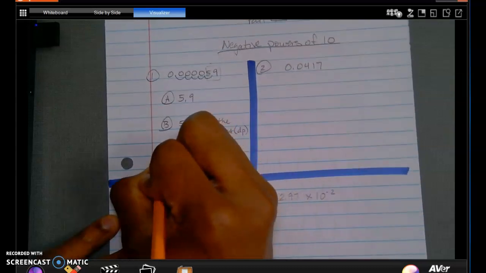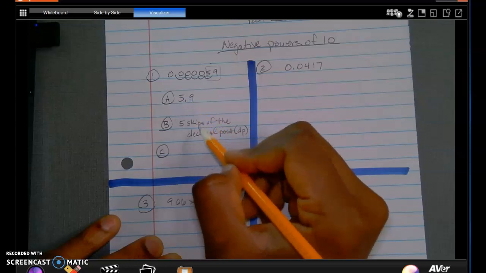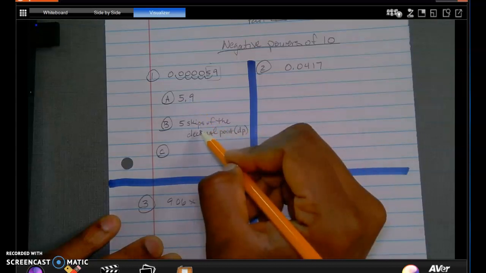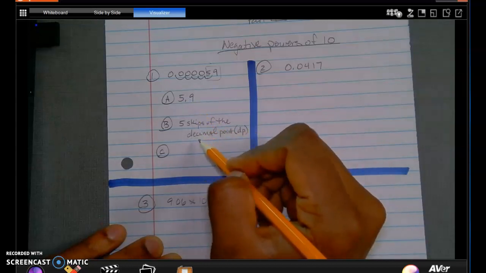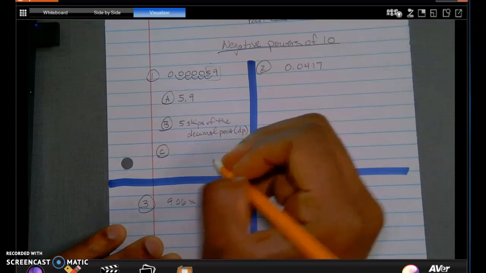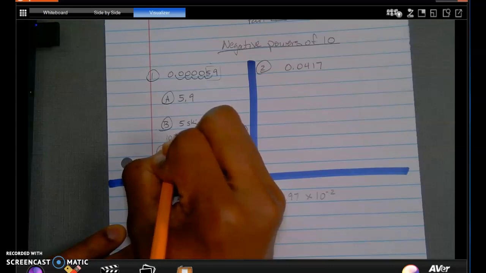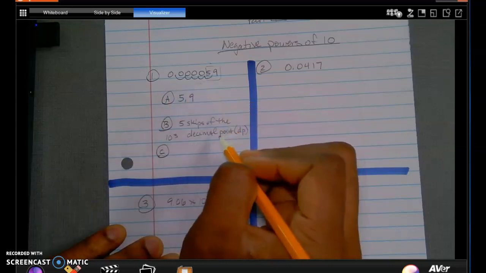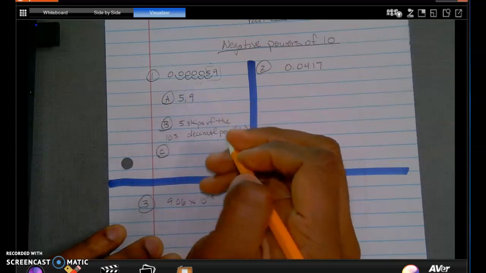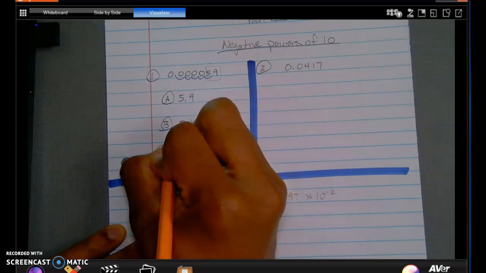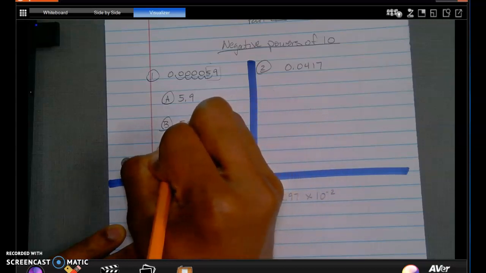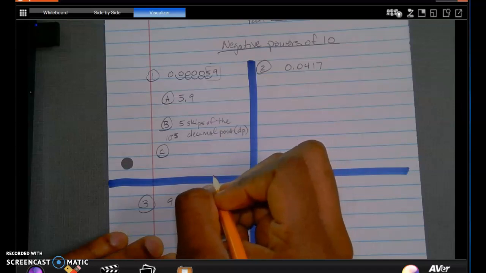And then part C, I'm going to put both of these together. Now remember, as in the last video, when I move that decimal 5 places, that's going to determine my exponent for my power of 10. Now, because my original number was less than 1 but greater than 0, that's when it becomes a negative power.